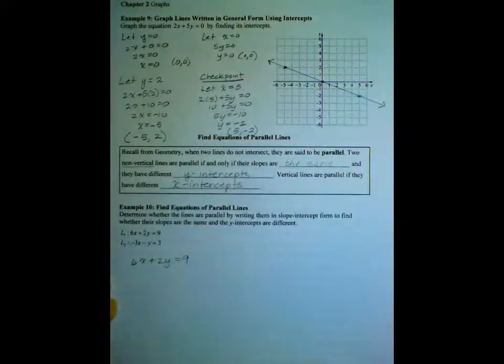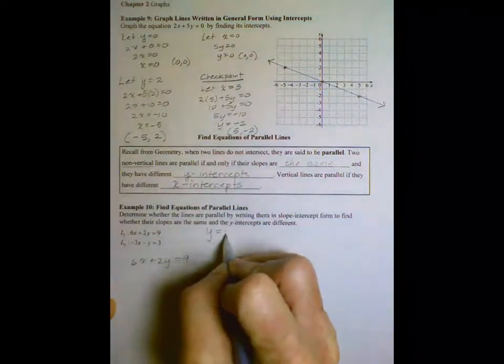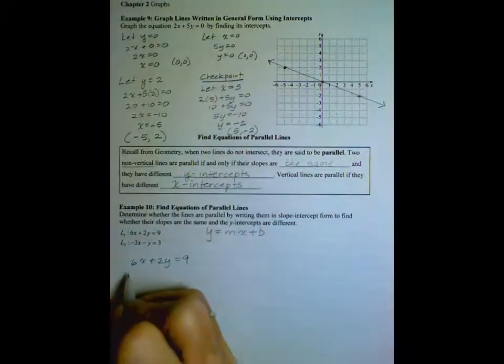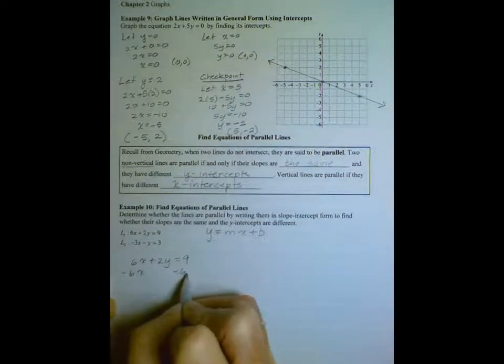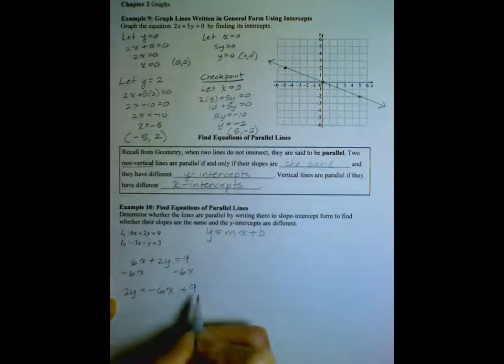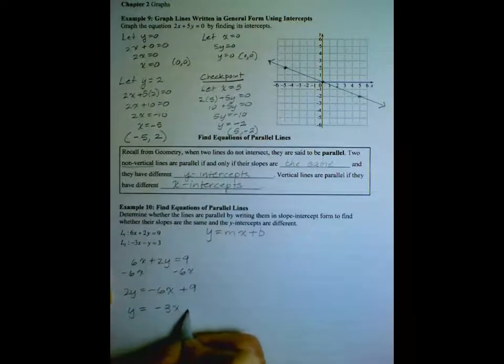How can I determine the slope and the y-intercept? Right, we want to put it in y equals mx plus b form, and then I'll have that information. Subtract 6x, 2y equals negative 6x plus 9. Divide by 2, and I get y equals negative 3x plus 9 halves, right?